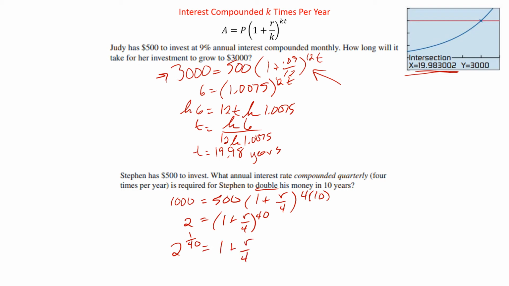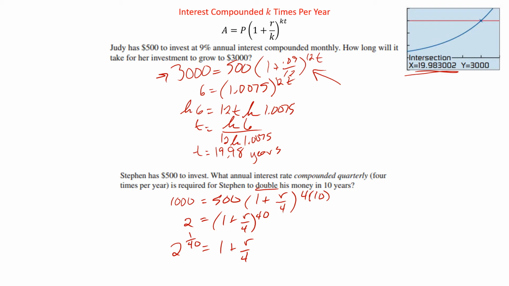2 to the 1/40th power is going to be a pretty small decimal. Well, I mean, it'll be 1 point something. Then we'll subtract 1 to get 0.00 something. We're going to multiply by 4.